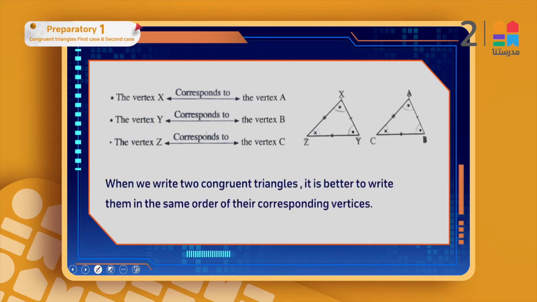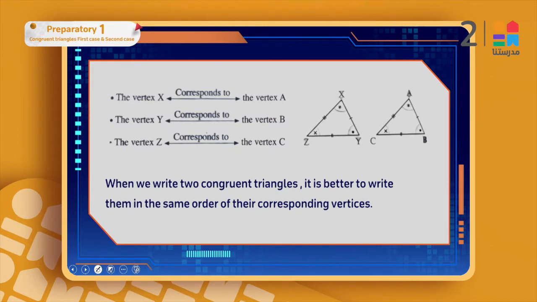When we write 2 congruent triangles, it is better to write them in the same order of their corresponding vertices. So we have to write them in the same order. For example, as we said now, here we have the vertex X is corresponding to the vertex A. So let's start to rename this triangle from X, for example.